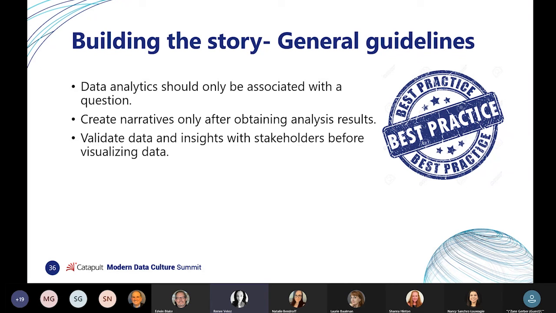After we validated it and made sure, with the business partner, that we have the right data and that we can explain any abnormalities, any anomalies, or sometimes any events that might be happening in the data. We just want to make sure that we have all of that and we have documented that in our analyses. And then finally, validating data and insights with stakeholders before. Okay, so I just went over that.